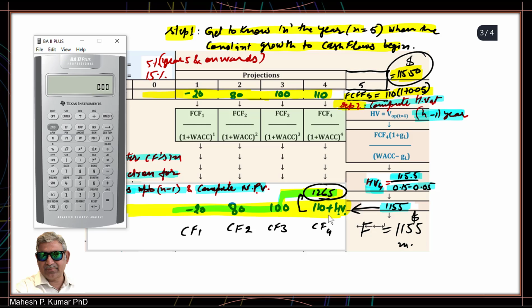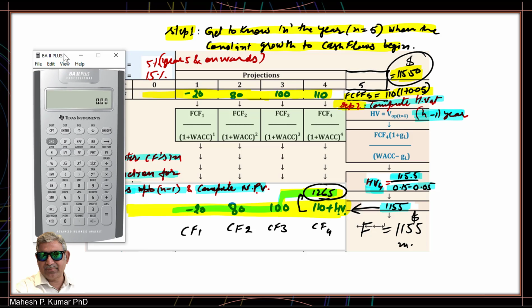So the cash flow of 110 plus $1,155 million worth of horizon value, when added together, comes out to be $1,265 million. This is the cash flow that we will enter in the fourth year, because the fourth year has regular cash flows plus the discounting of all the cash flows for year 5 onwards. So let us enter these numbers and compute the net present value.